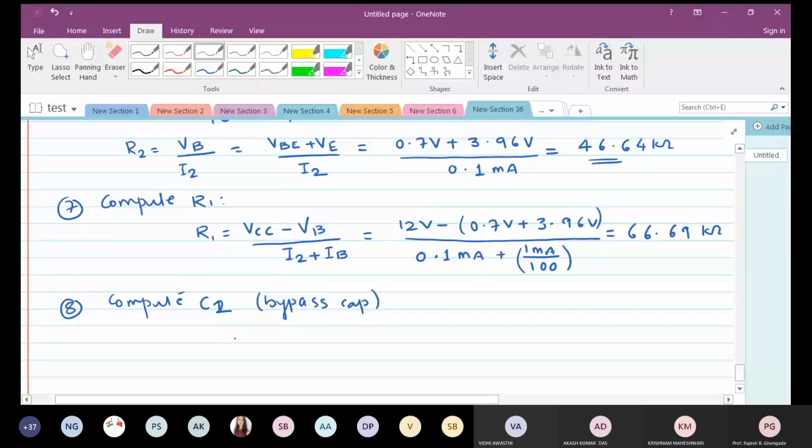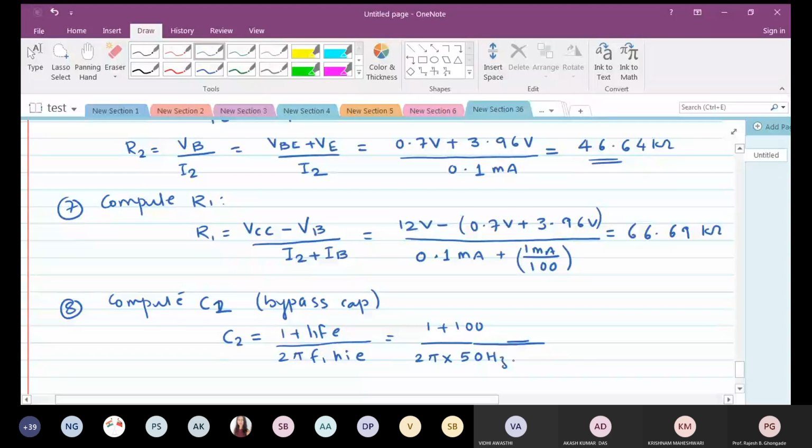So what was the equation for C2? It was 1 plus HFE divided by 2 pi F1 HIE. So this is 1 plus 100 divided by 2 pi. What is F1? Desired lower cutoff frequency is what? 50 hertz.